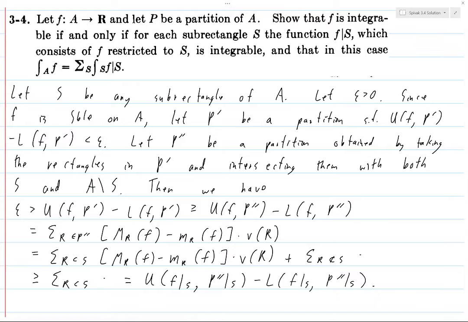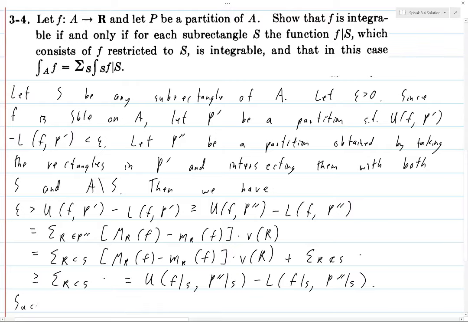Okay, so given epsilon greater than 0, we have found a partition P double prime restricted to S. This is a partition of S such that the upper sum of F restricted to S minus the lower sum of F restricted to S is less than epsilon.